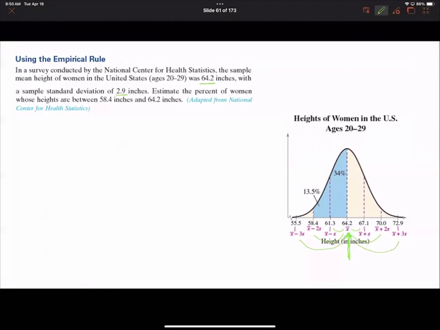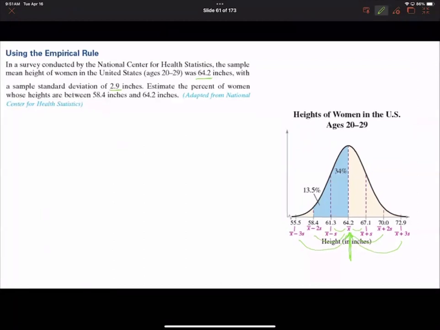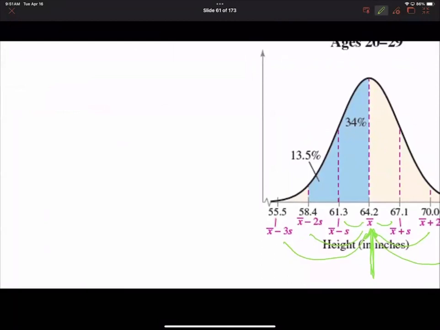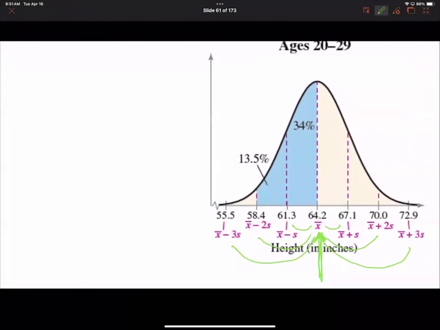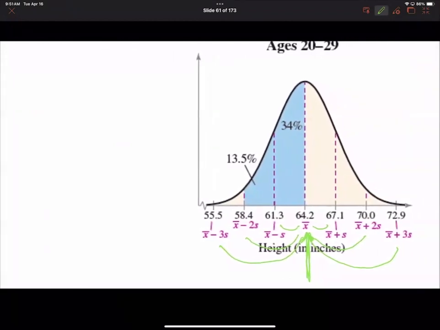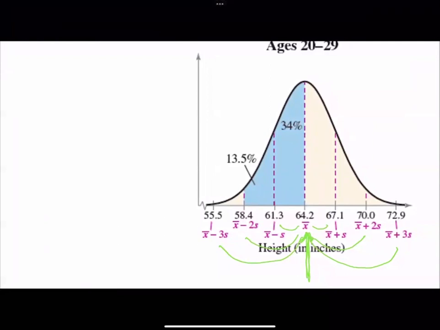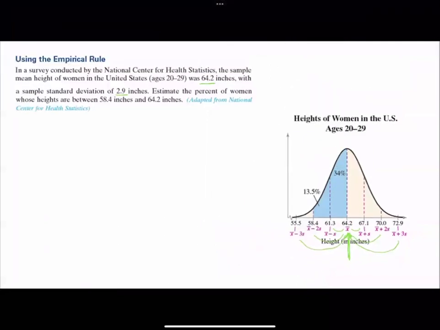The mean is 64.2. One standard deviation to the left is 61.3, and one standard deviation to the right is 67.1. 2 standard deviations to the left is 58.4, and 2 standard deviations to the right is 70, and so on. Very good. So let us do the calculation.